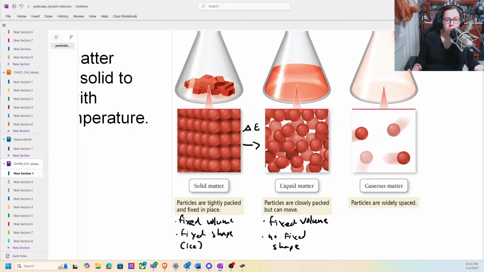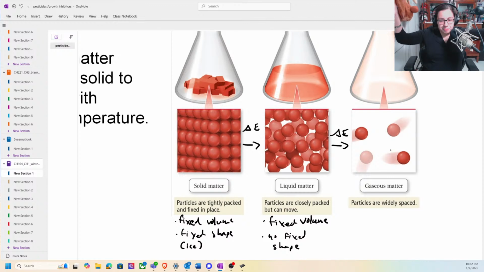Now let's take that water and imagine boiling it on the stove. Then we're adding more energy, and as we add more energy, those particles get further and further apart. Now they're not just sliding past one another; they're really bouncing, moving, jumping out of the container as you boil it, until they become gas.